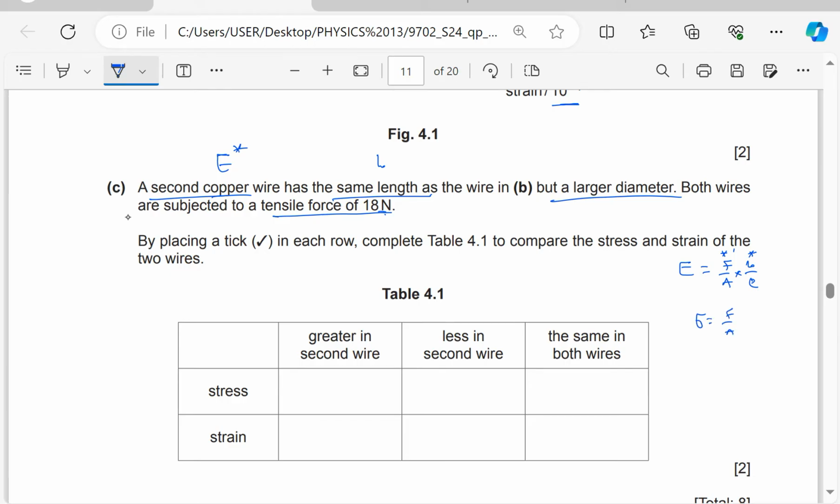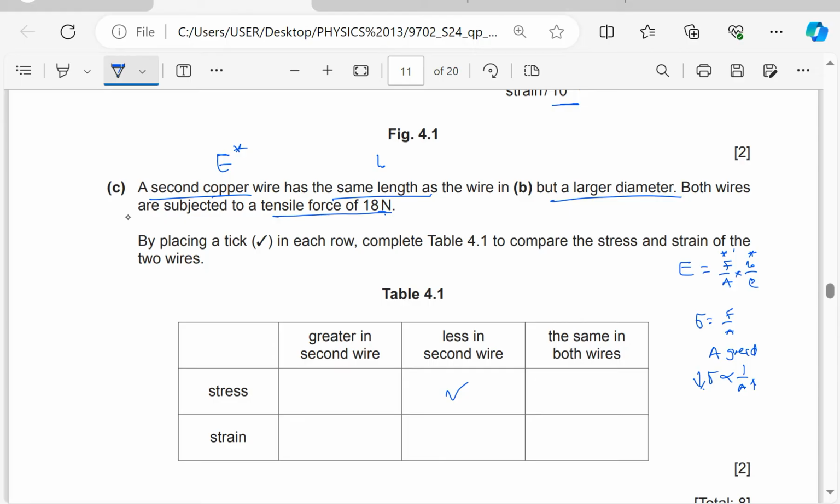The diameter is larger, so the area is greater, because area depends on the diameter. Stress is inversely proportional to the area, so the stress is smaller for the second wire. It can't be the same.